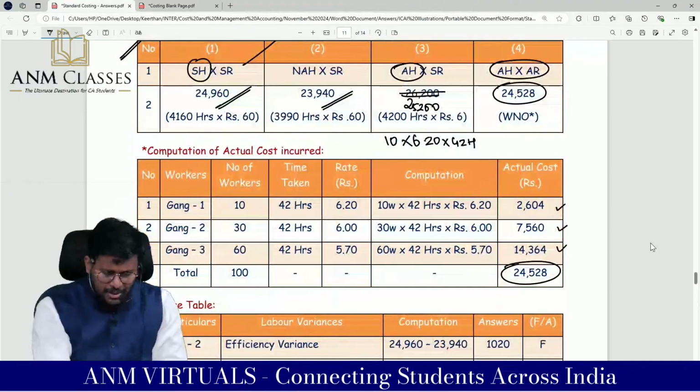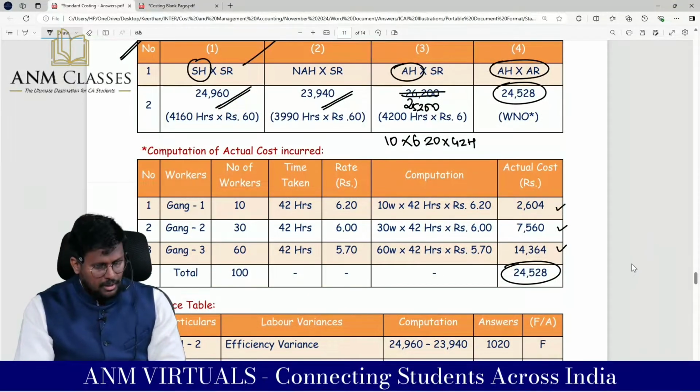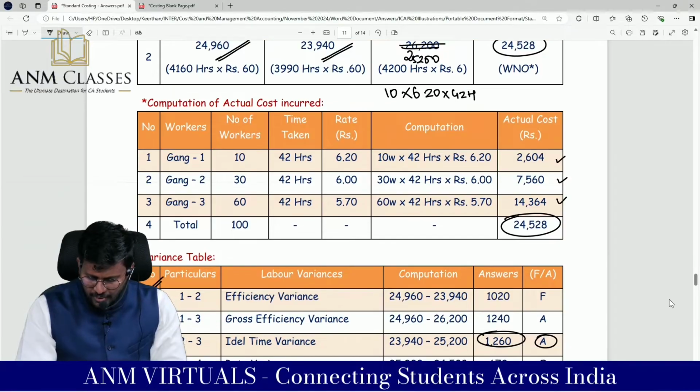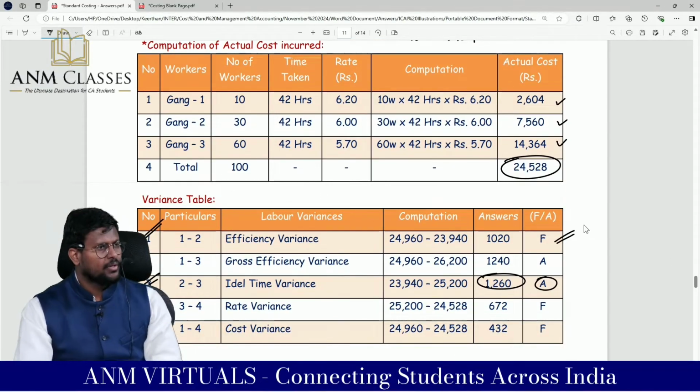So if you 1 minus 2 போட்டேனா உனக்கு என்ன வரும்? Labor efficiency variance, which is 24,960 minus 23,940 என்ன 1020. எவ்வளவு favorable?